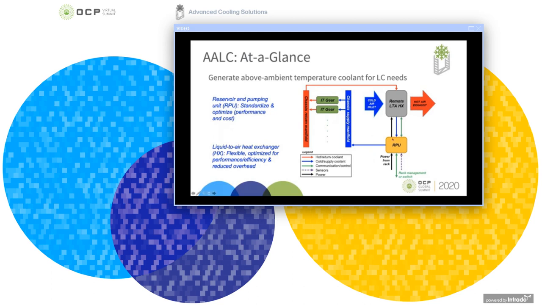And the RPU, being the hub of the solution as described before, can be standardized and optimized and also be designed for interoperability to enable multiple solution providers to support this product. Next, Cam Turner will outline details of the RPU.